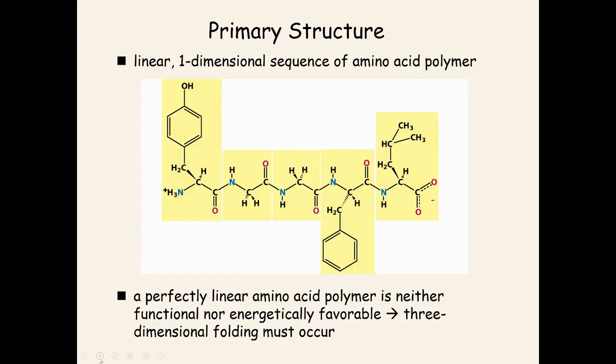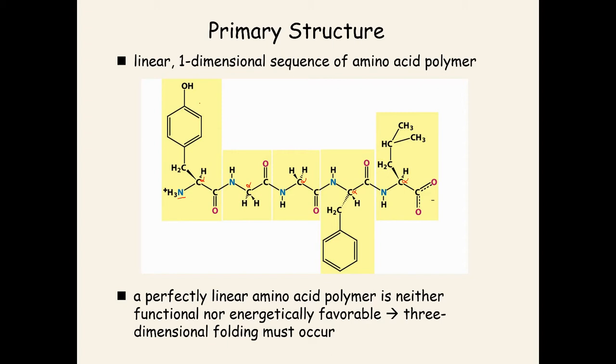Okay, so here's our primary structure. This is an amino acid chain. So we have kind of that repetitive sequence: N, alpha carbon, C double bond O, N, alpha carbon, C double bond O, N, alpha carbon. So you can see all the alpha carbons there. This shows them in a more tetrahedral shape around the alpha carbon.